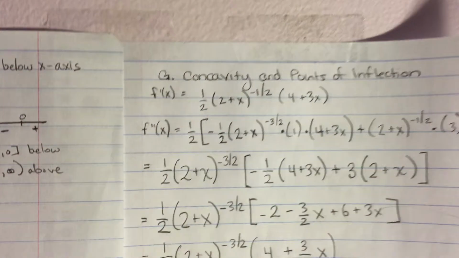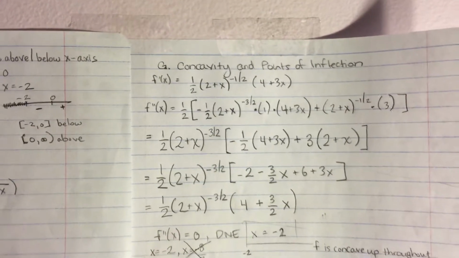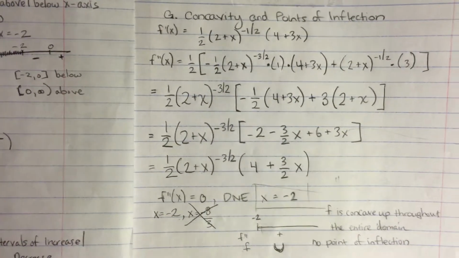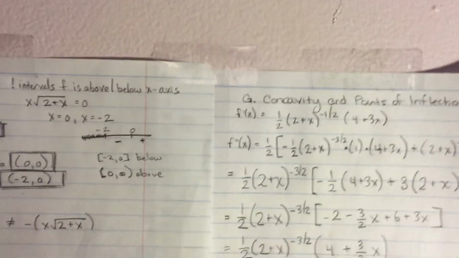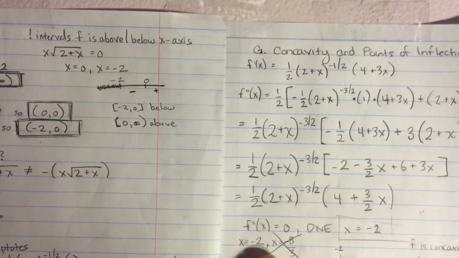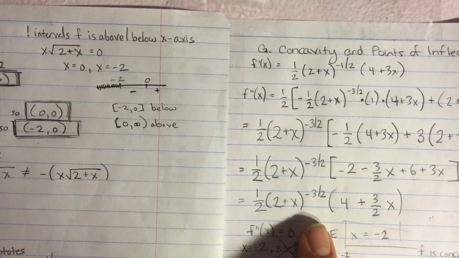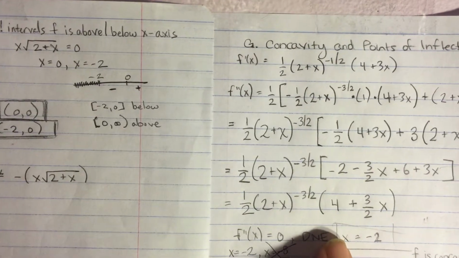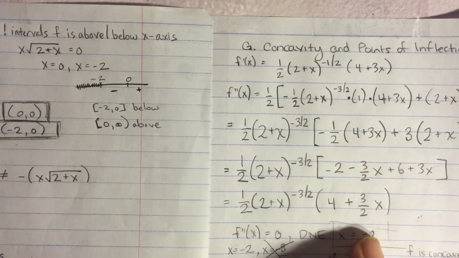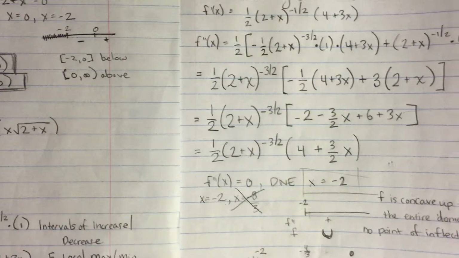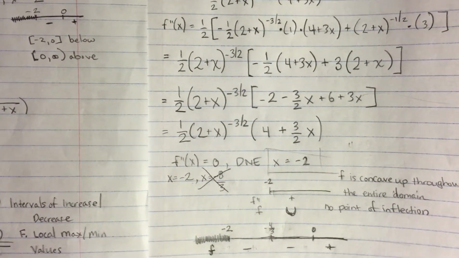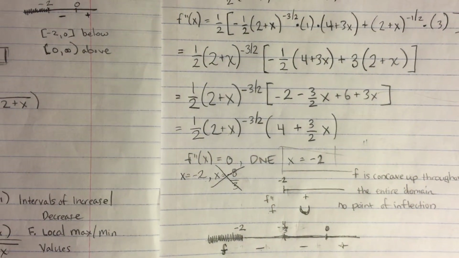For our next step, we find the concavity and points of inflection. And our second derivative here, which is 1/2 times (2 plus x) to the negative 3/2 times (4 plus 3/2 times x). Again, we're going to set it equal to 0 and see where it does not exist.